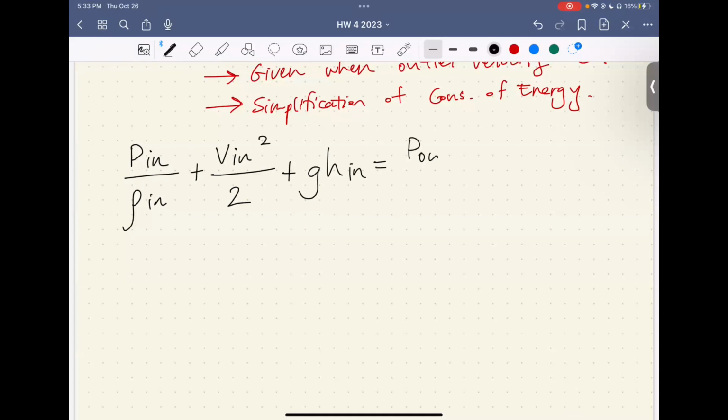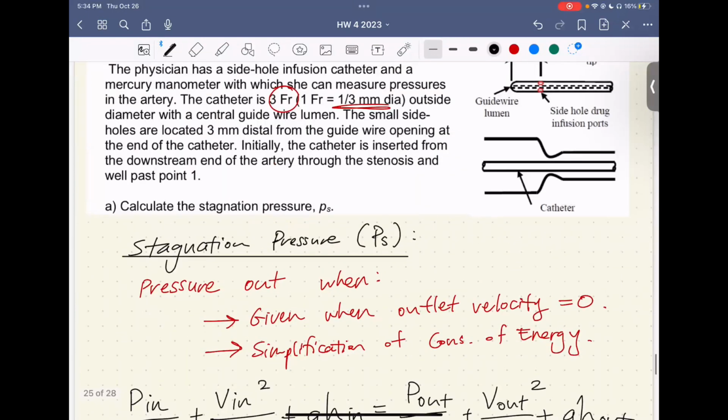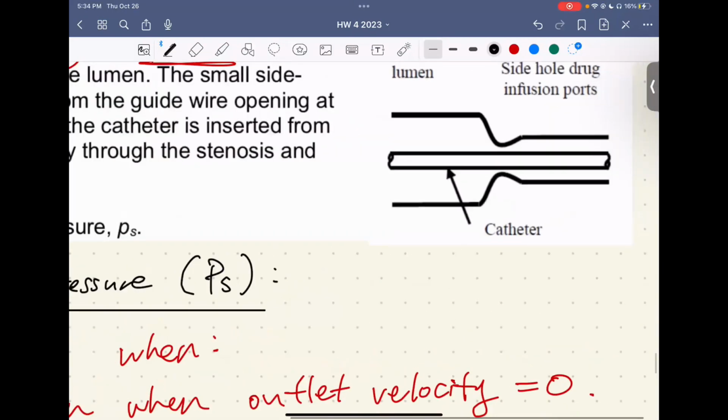And then let's begin the simplification. Okay, so here is our Bernoulli's equation. Let's get started by assuming that we're going to be traveling along a horizontal streamline. Remember that the catheter is already inserted, so we're going to take this streamline right along the catheter right here, not through this area, right?